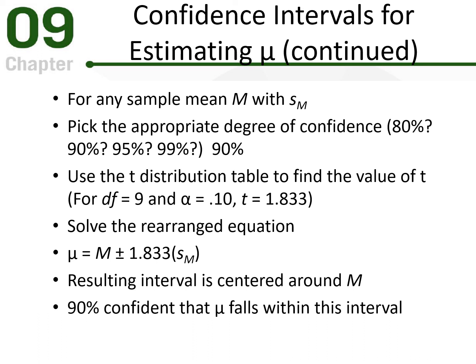You can calculate that from the sample standard deviation and the sample size. Once you do that, you're going to have two endpoints, a lower limit and an upper limit for your confidence interval. And you're going to be, say, 90% confident that the population mean falls within these boundaries.